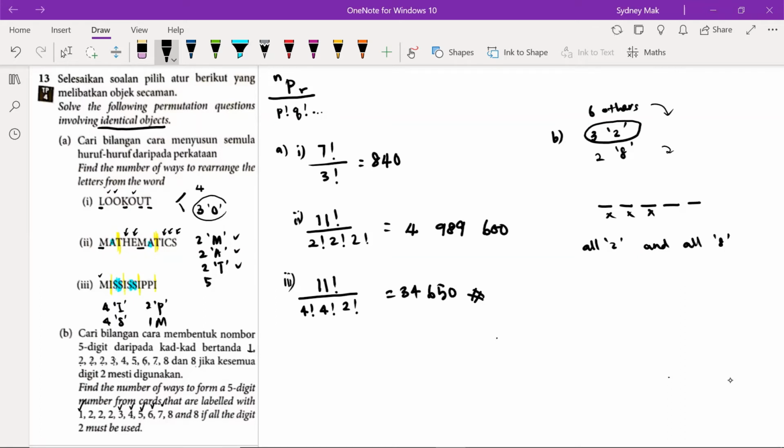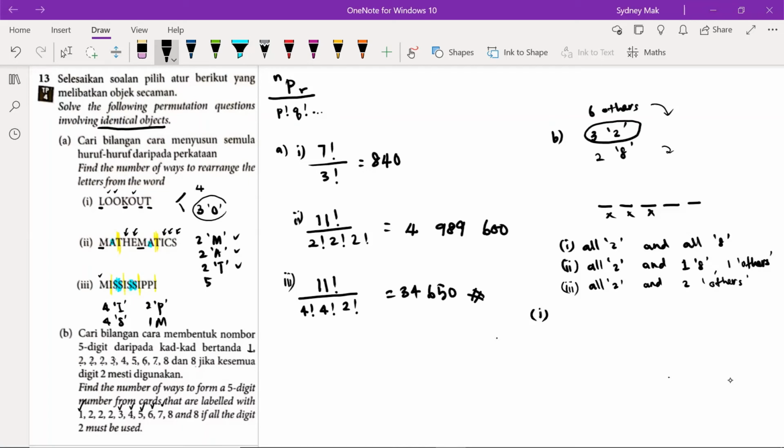The second scenario will be all 2s, because 2 must be included, and 1 eight, 1 other. Scenario 3, all 2s and 2 from the others. That is 3 scenarios here, which I could combine scenario 2 and scenario 3, but never mind, I'll show one by one.